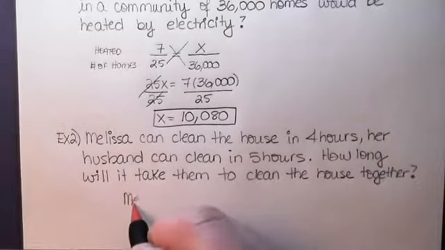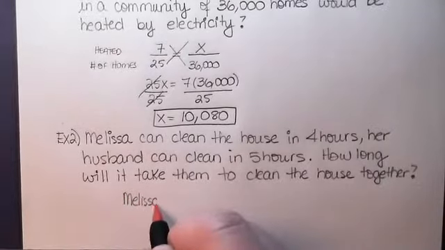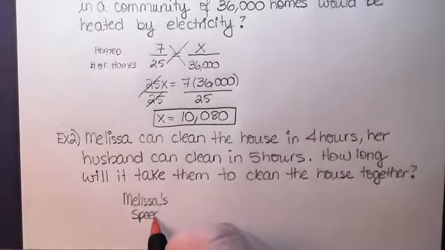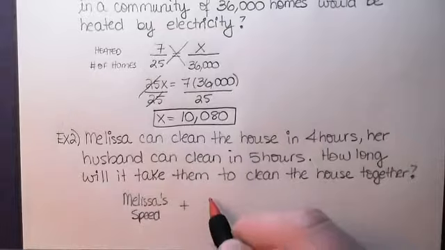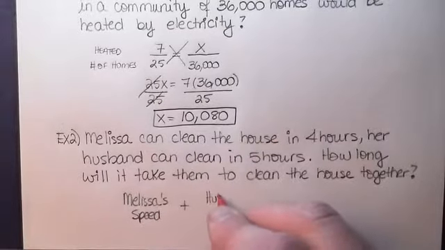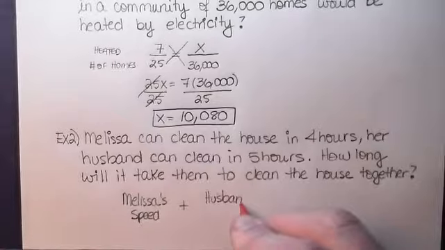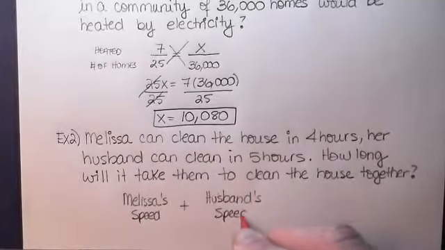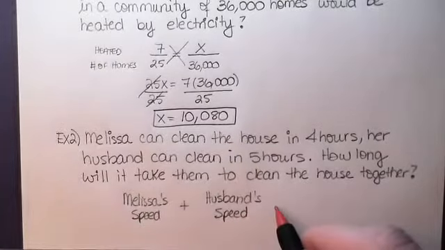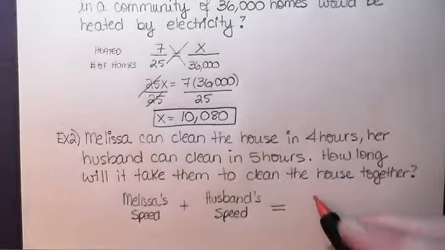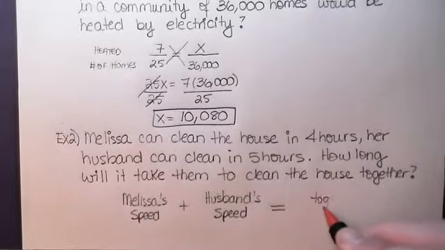So we have Melissa's speed, and we have her husband's speed. And if we add them together, we're going to have the together speed.